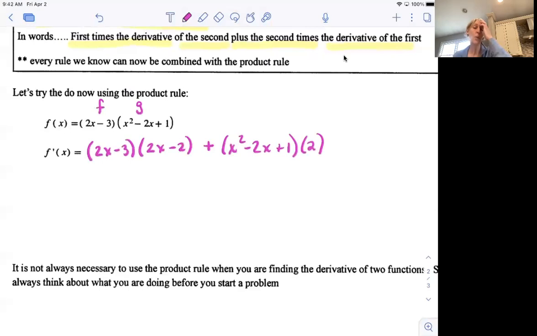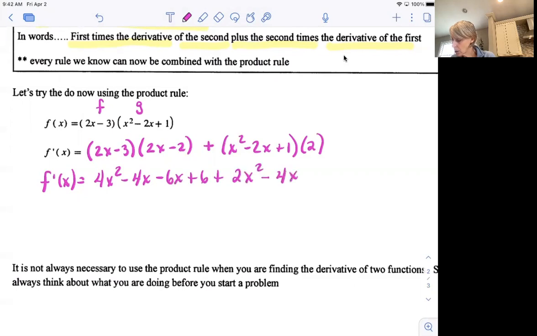Okay. Now, in this case, we're not done because now we have to clean up what's left. So now I'm going to FOIL out. So I have 4x squared minus 4x minus 6x plus 6. 2x squared minus 4x plus 2.